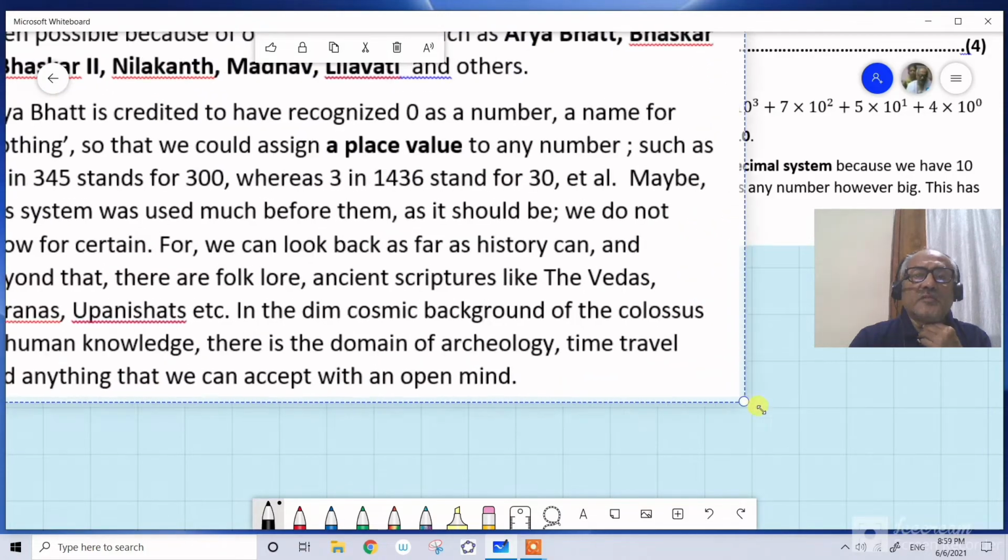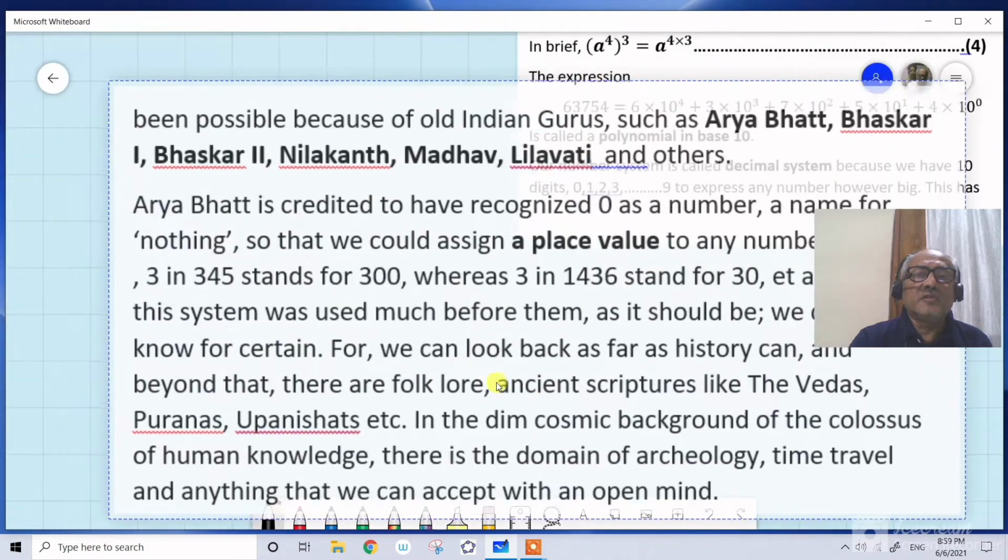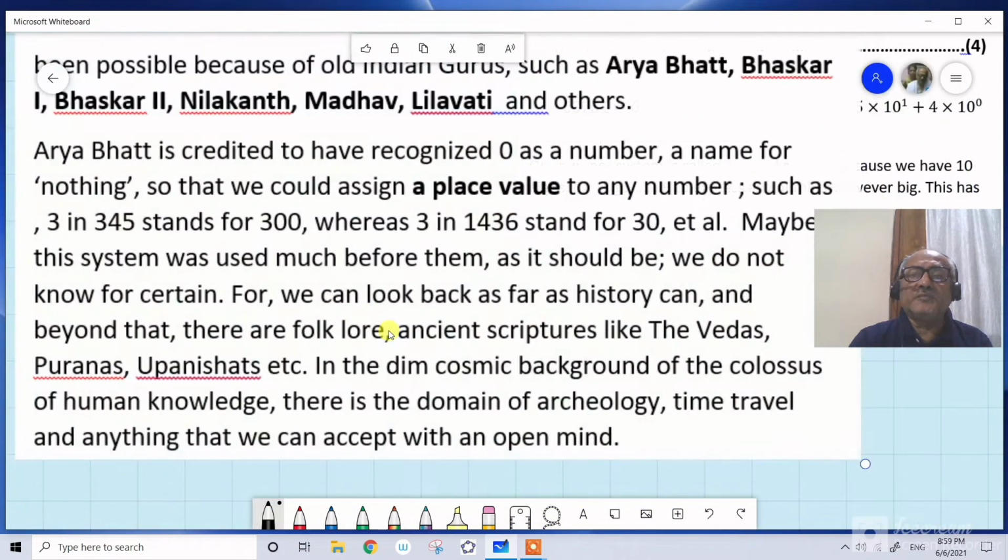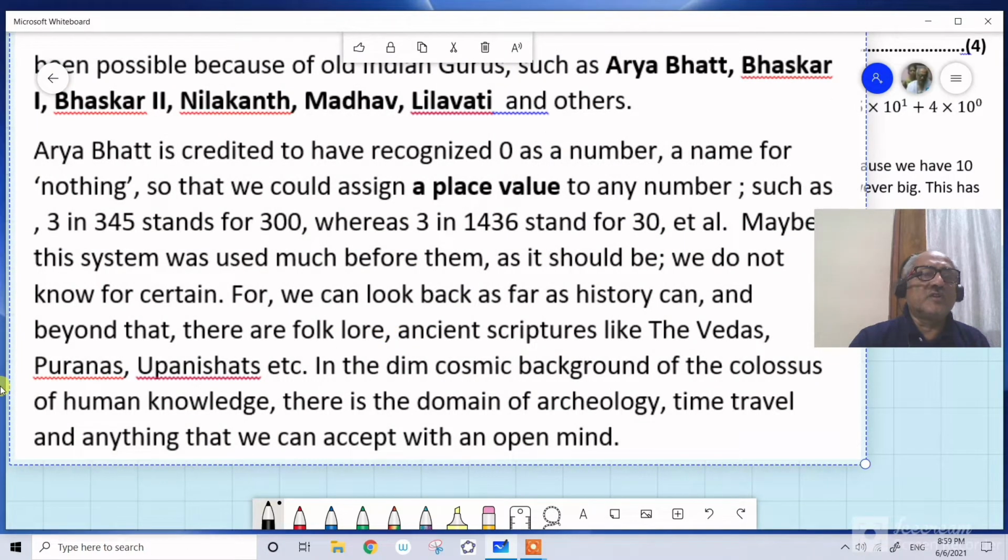Just like, for example, Aryabhatta, Bhaskar 1, Bhaskar 2, and Nilakantha, Madhav, Lilavati, and others, so many of them. Aryabhatta is credited to have recognized 0 as a number. That is a name for nothing or a symbol for nothing, so that we could assign a place value to any number.